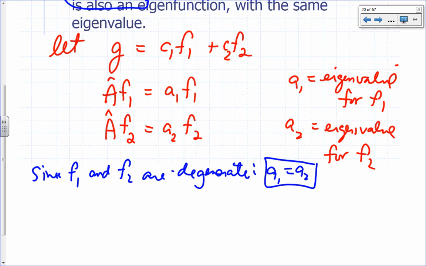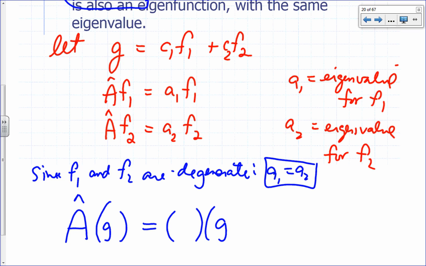So, what am I trying to prove then? That A hat operating on g gives me back a constant times g, right? That's what I'm trying to prove, because g is a linear combination of two degenerate eigenfunctions. And what is that constant I'm going to get? It's going to be a1 or a2. a1 and a2 are the same, right? So this is what I'm trying to prove then.